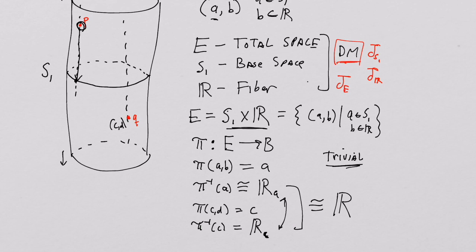And ultimately, the fiber bundle is three manifolds. Let's start with E, the total space, B, and F, the fiber. Actually, I'm going to rewrite this and put it over here.